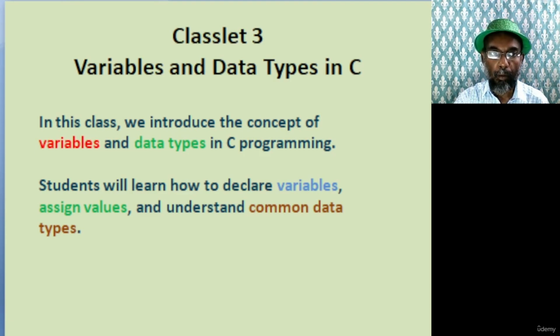But to store something properly, you must label the box correctly. That label is the data type. Once you understand this idea, your programs won't just run. They will be smart, organized, and accurate.